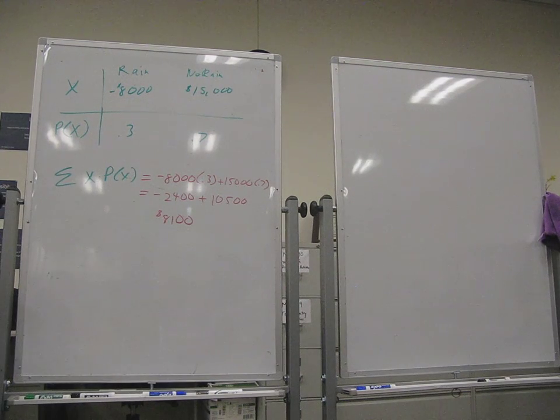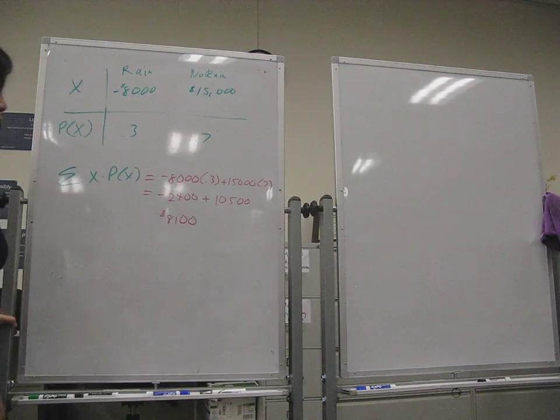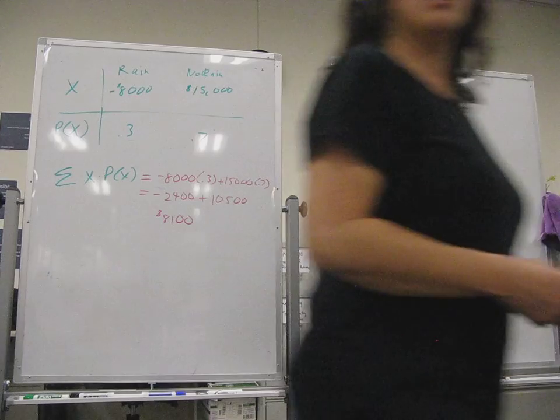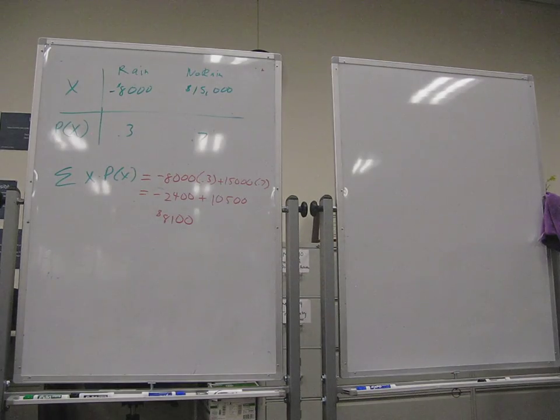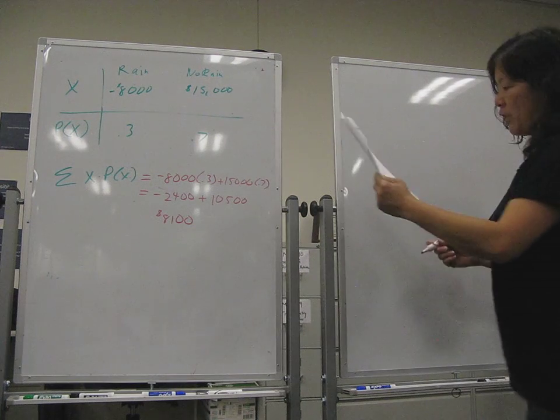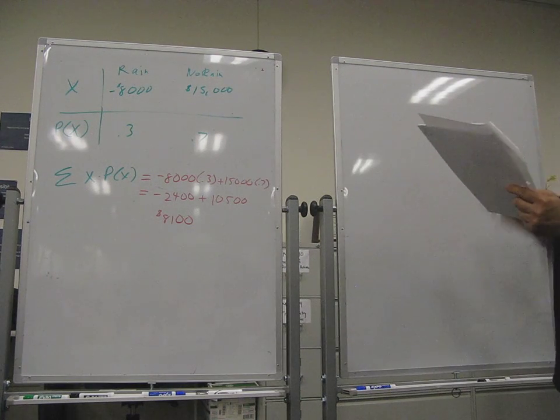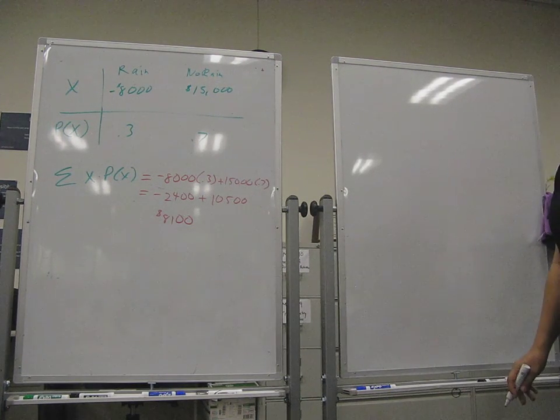Someone else had said they wanted to go over number 7. So number 7, hand me number 7. Thank you. The fire department records how long it takes for each of its trucks to reach the scene of a fire. The distribution of arrival times is uniform.